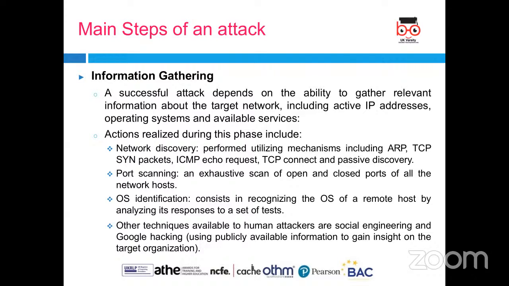Some of the information that has to be gathered could be active IP addresses, operating systems, and if we have to look into them, there are several actions which have to be realized within these phases.